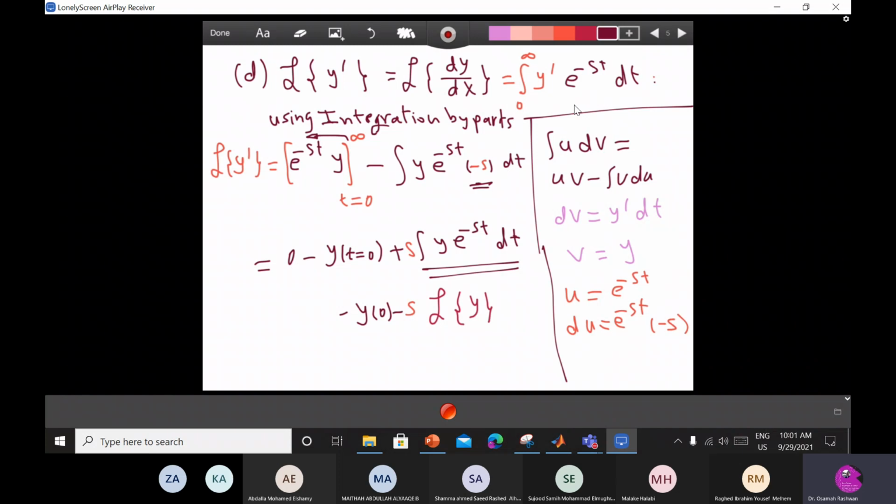It's better to write it like that: s times the Laplace transform for y, minus y of 0. This is why I'm telling you, when you use the Laplace transform in a differential equation, you should know the initial condition at t equal to 0. I think you catch it now, right? So this is the Laplace transform for y dash.